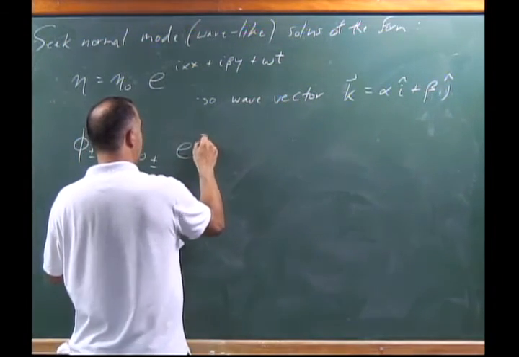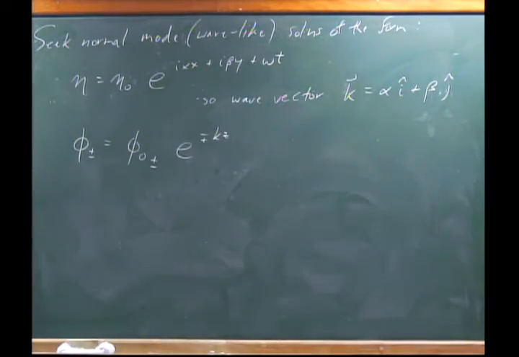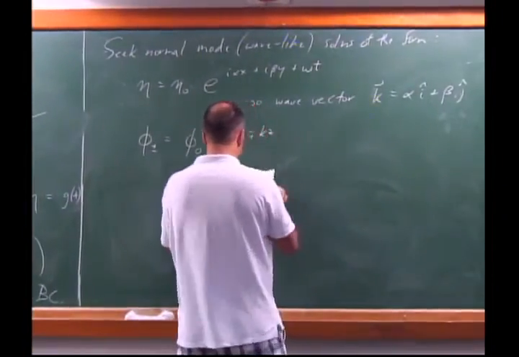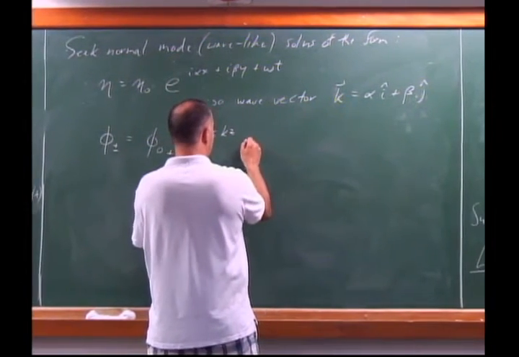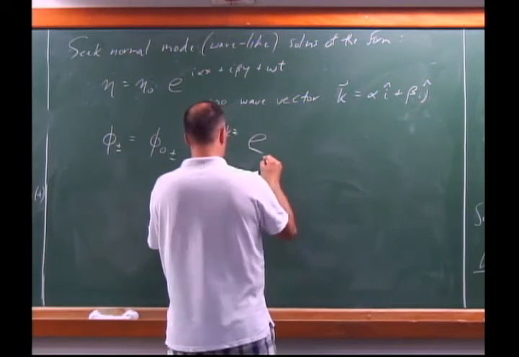So this decays. You can check to see that this is a solution of del squared phi equals 0.